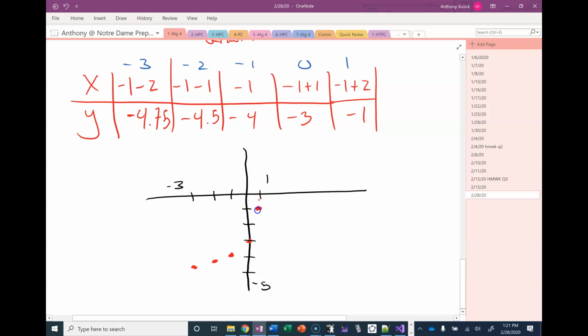And then 1 and -1 is right there. Is everybody okay with the points that I've plotted?